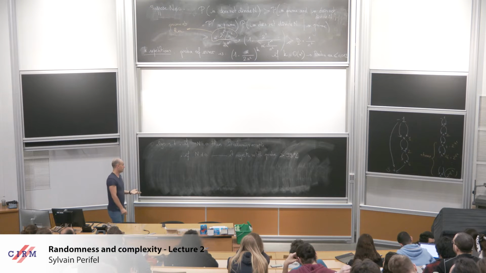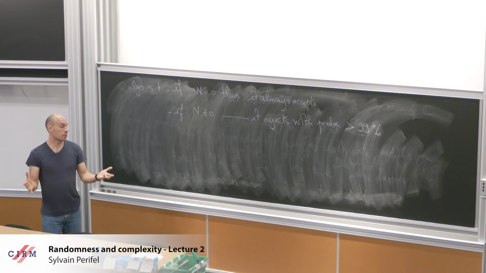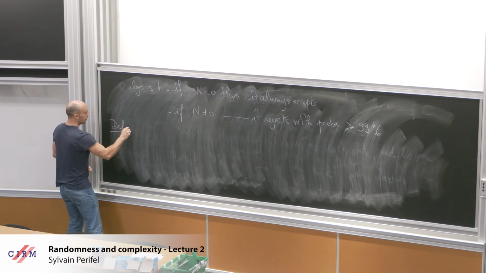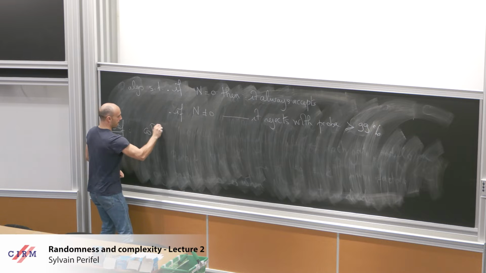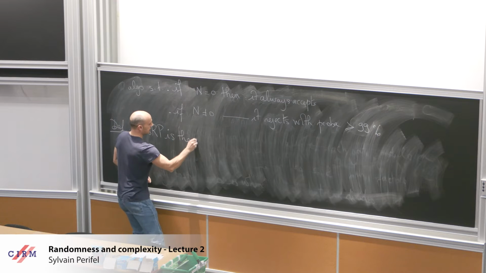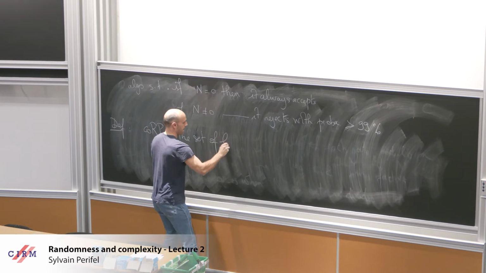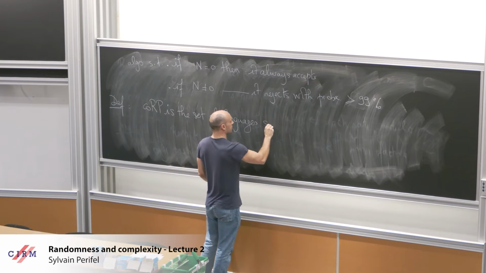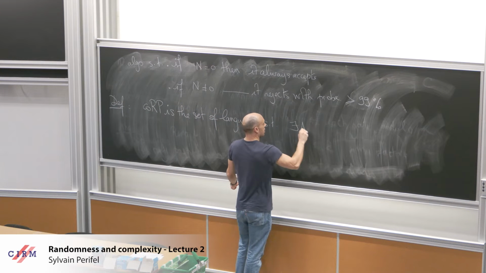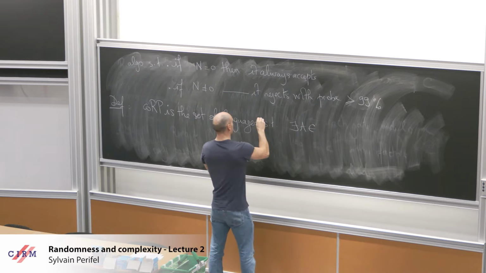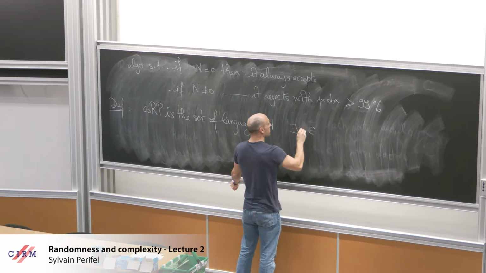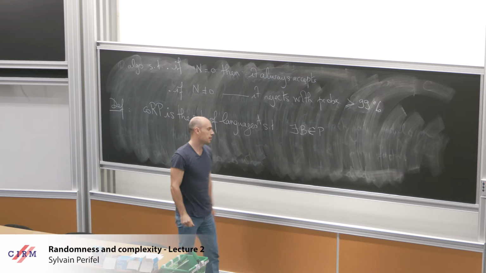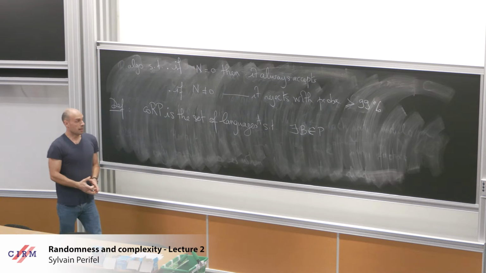And actually, this can be generalized to a class of problems called co-RP. This is a set of languages A such that there is another language B in P. This is actually a deterministic polynomial time algorithm.